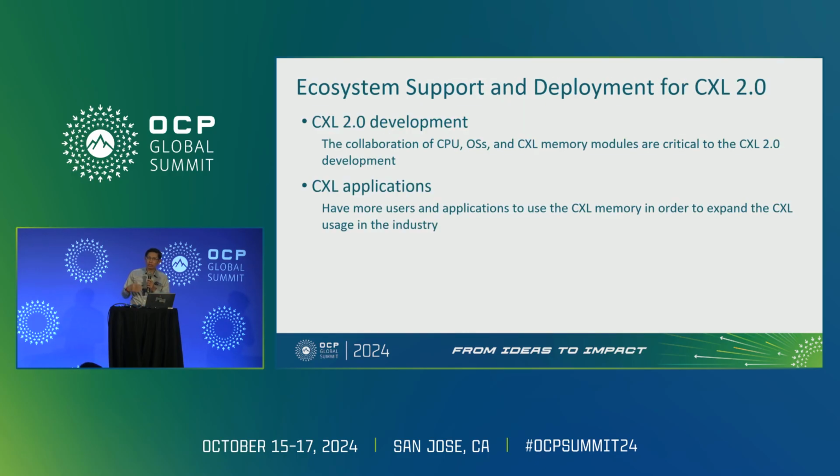During the almost 2 years of development, you can see that we have had so many challenges from the OS, from the driver, from the device side, from the switch side, everything. So we really need the whole industry to support.